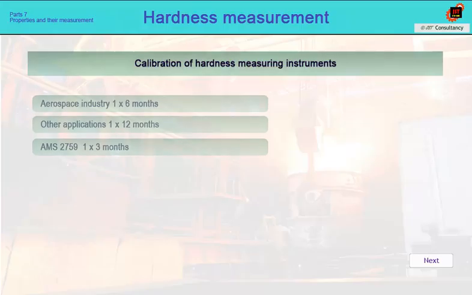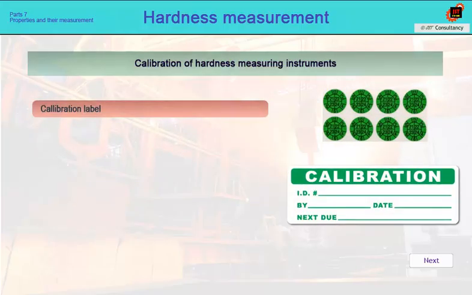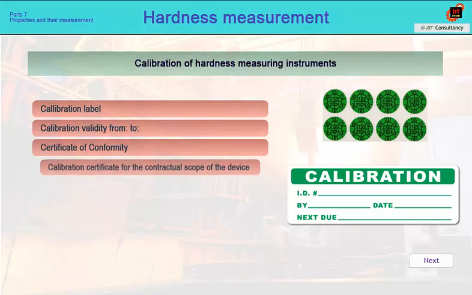Each calibrated instrument must be labeled with a calibration label, and the date of the next calibration must have a certificate of conformity, a calibration sheet for the contractual scope of the instrument, and a record of preventive maintenance.